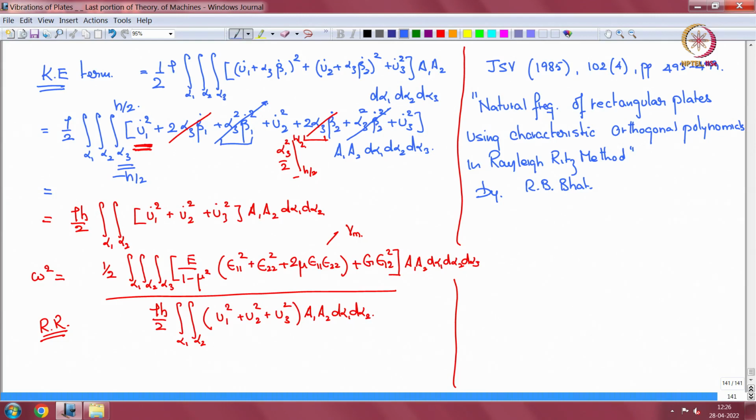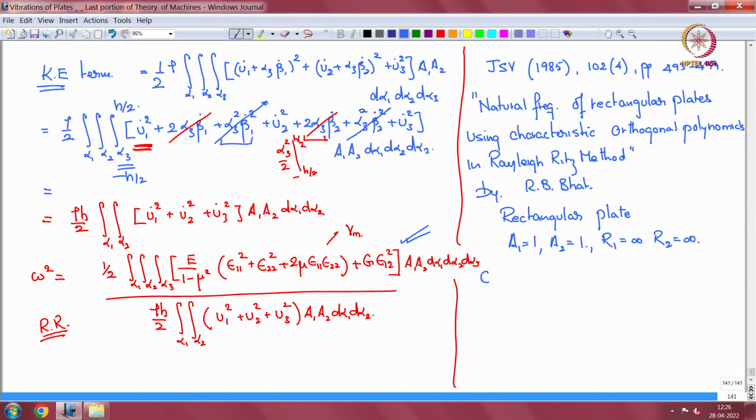Now if we implement this term for a rectangular plate, there A1 is equal to 1, A2 is equal to 1, R1 is equal to infinity, R2 is equal to infinity.